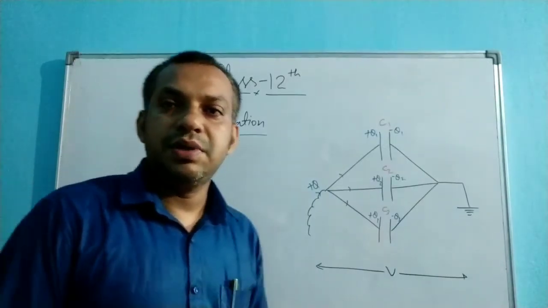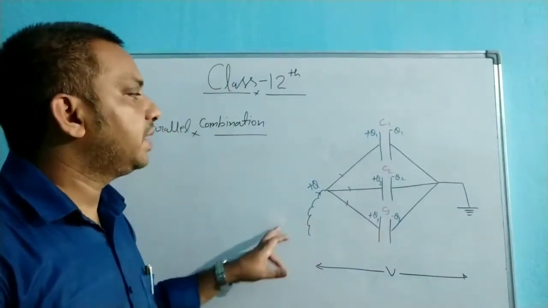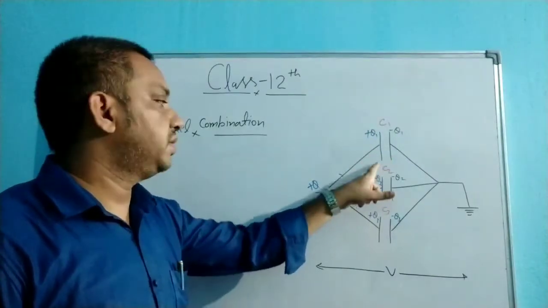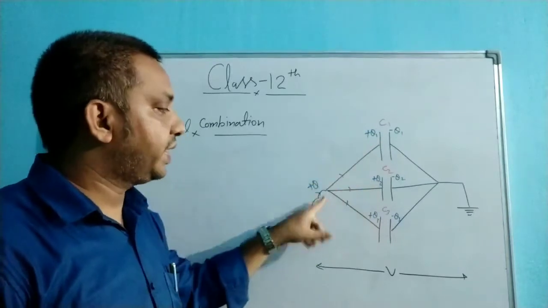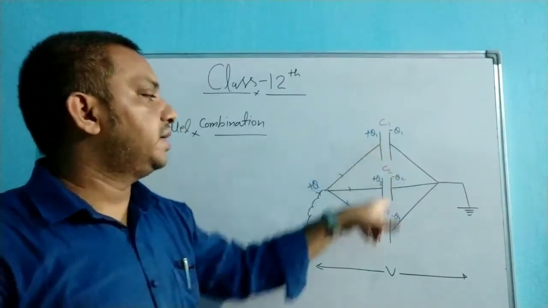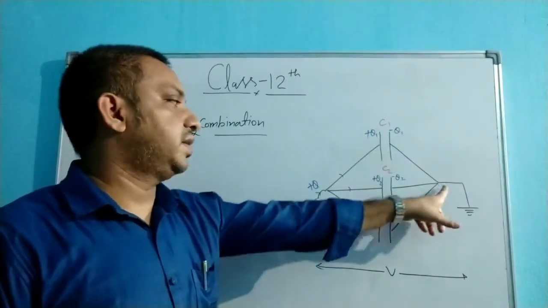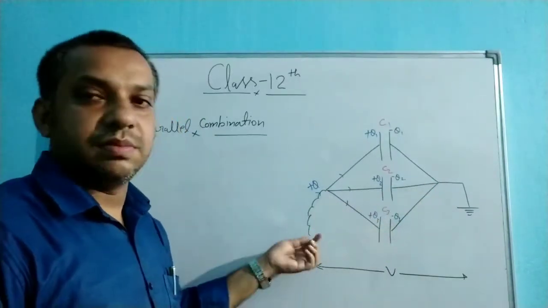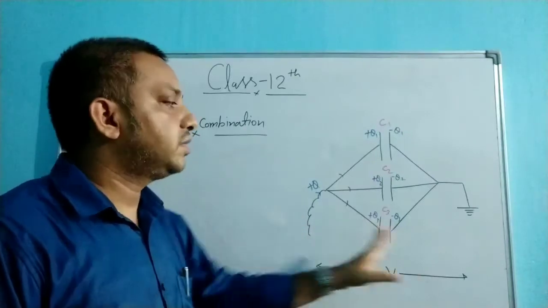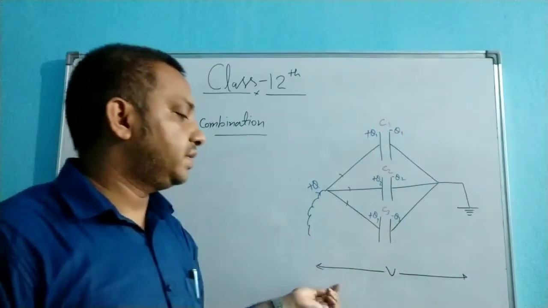So in the parallel combination, just see the setup. 3 capacitors C1, C2 and C3 are connected such that the head of all 3 capacitors is connected at one point and the tail of all 3 capacitors is connected at one point. And the supply, or the potential difference across the ends of this setup, is V volt.